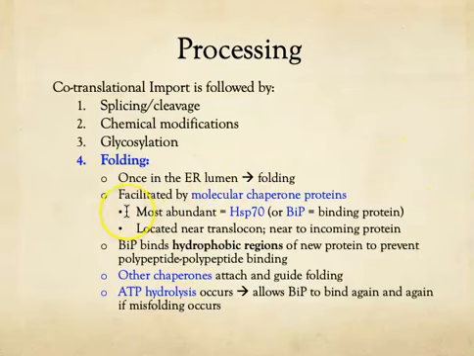The most abundant molecular chaperone is called heat shock protein 70, or HSP70. This particular heat shock protein, or chaperone protein, also goes by a second name, the more recent name that was given to it, which is BiP. This stands for binding protein.